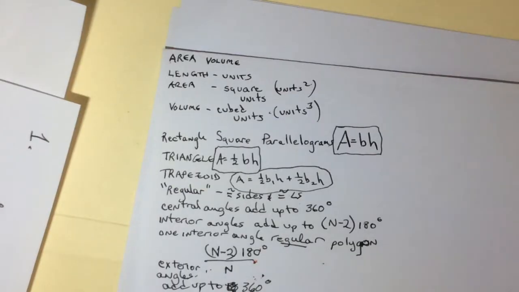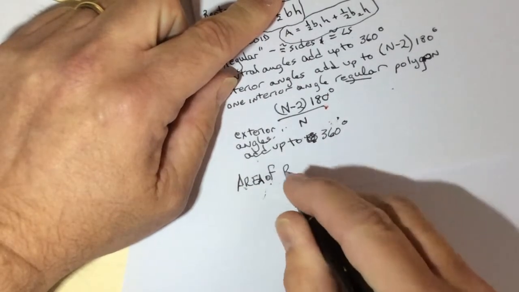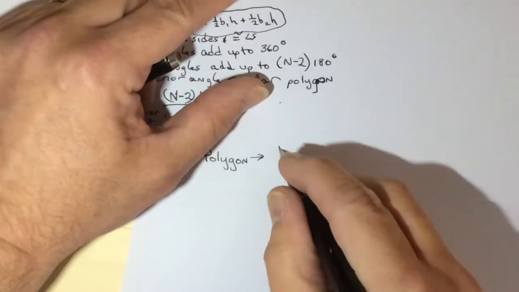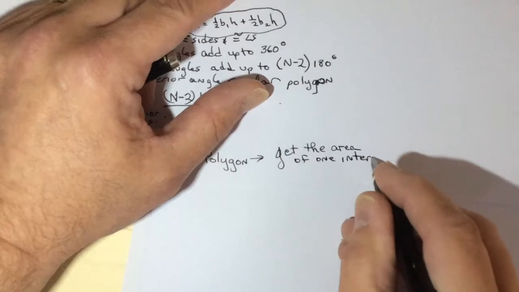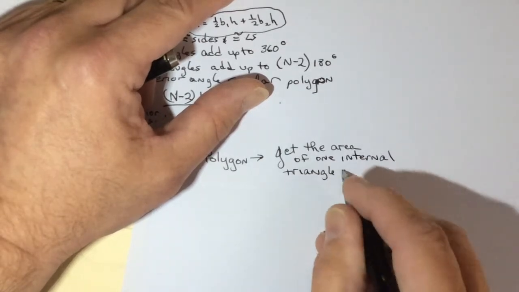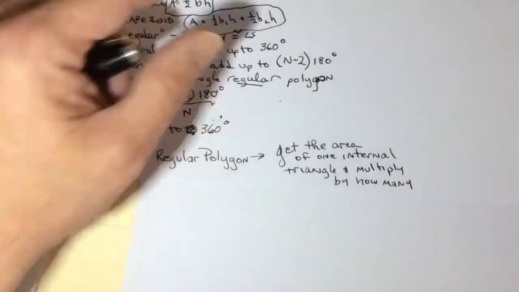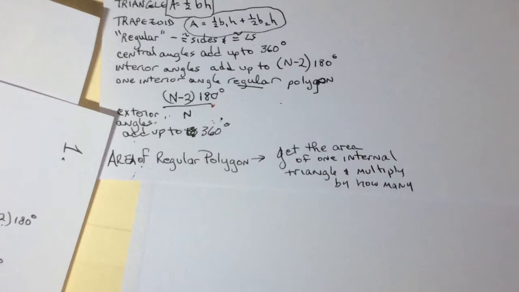Going back to this for a minute, to get the area of a regular polygon, get the area of one internal triangle and multiply by how many triangles there are. Let me give you an example of this to work on.